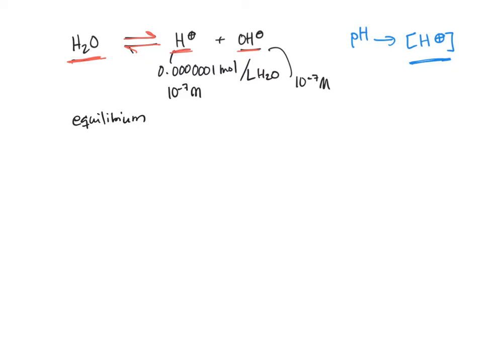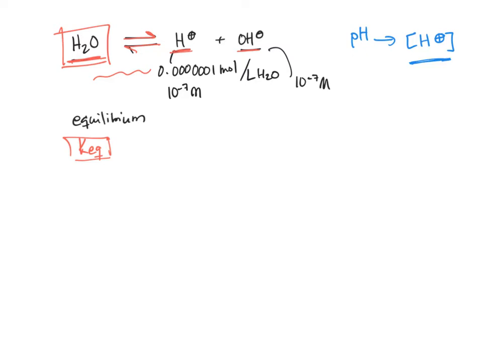Given the initial conditions and the Keq, we can determine the composition of the system at equilibrium. So if we know what's going on over here and the Keq, we can figure out what equilibrium looks like for this equation. Well, what is Keq?